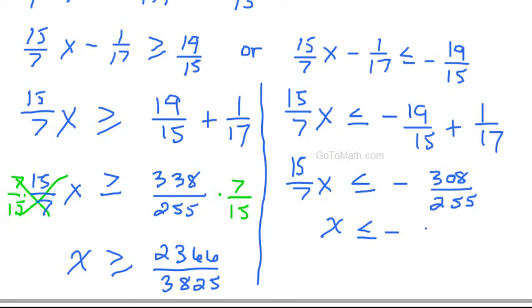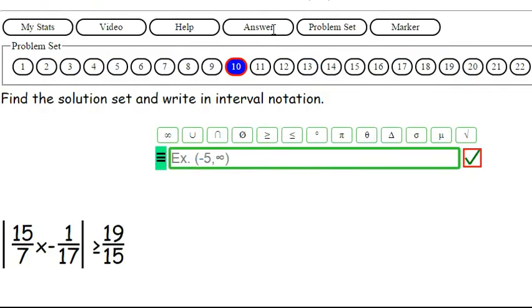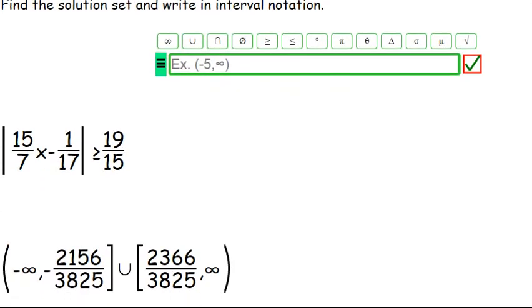Nasty. Alright, 21. Wait, my pen didn't want to write there for a second. It's like I'm not dealing with those kind of numbers. 3825. Isn't that terrible? Okay, so we have x is greater than, and x is less than or equal to negative, whatever that is. Let's just go up here: 2156.